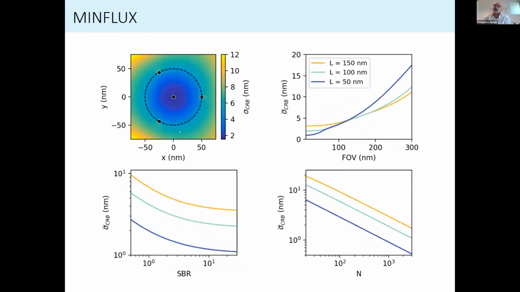MinFlux is an interesting configuration because it's kind of the minimum raster scanning configuration, because you have 3 exposures that define an orbit and 1 exposure in the center that is used to probe the inner part of the orbit.